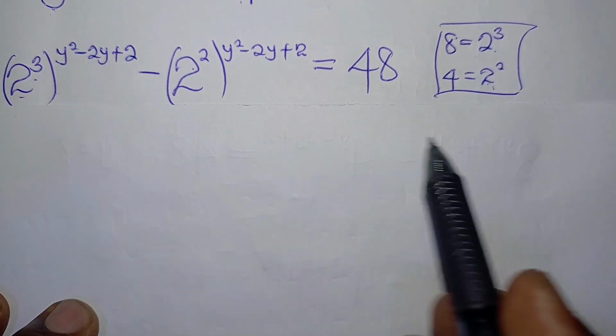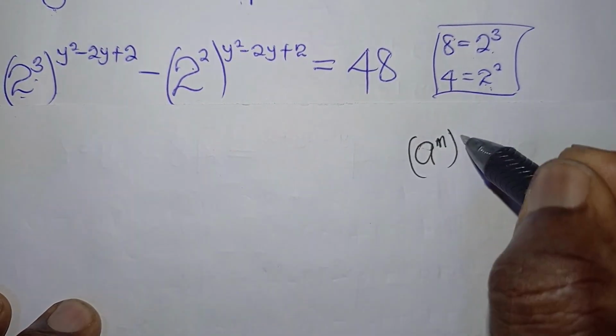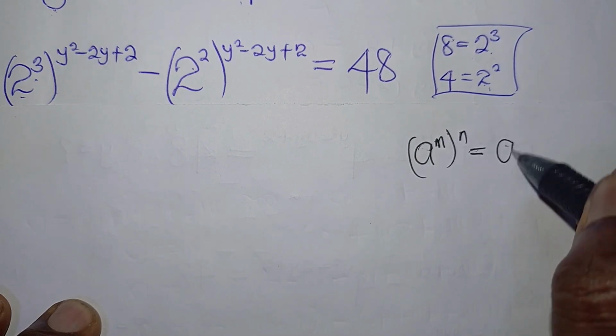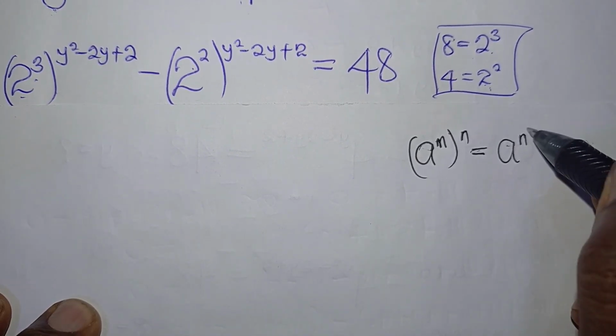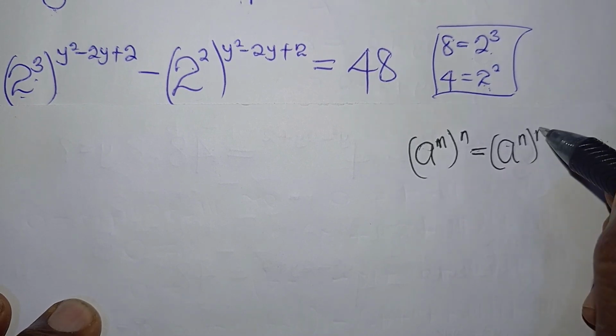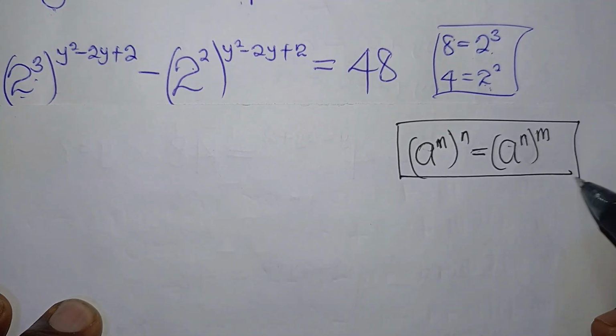Now let's apply this rule: a to the power m, raised to the power n, is equal to a to the power n, raised to the power m. We are going to transpose the exponent. So this is the rule that we apply.